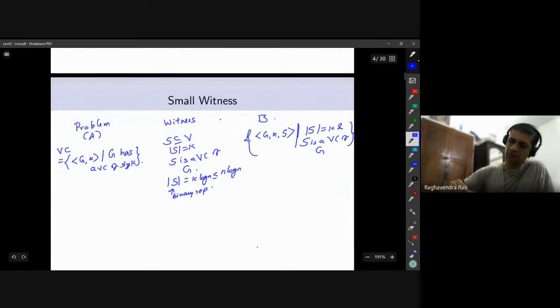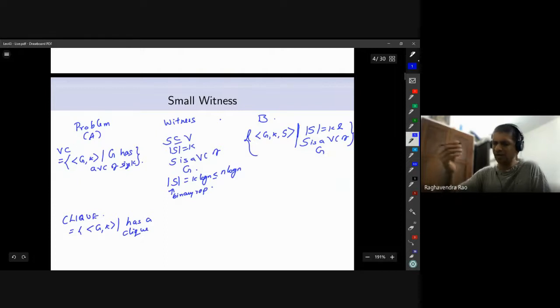Similarly for clique, the problem is G K, G has a clique of size K. I had written n by 2 in the problem definition, but I'll just generalize it to size K. I'll leave it as an exercise for you to figure out what the witness is and what B is.